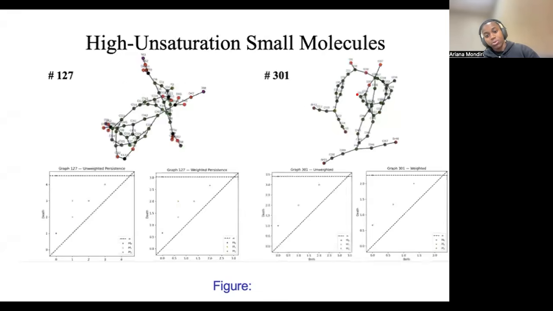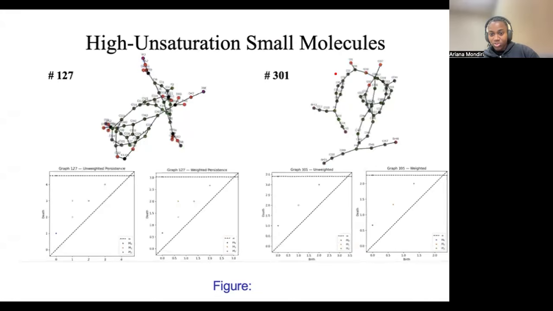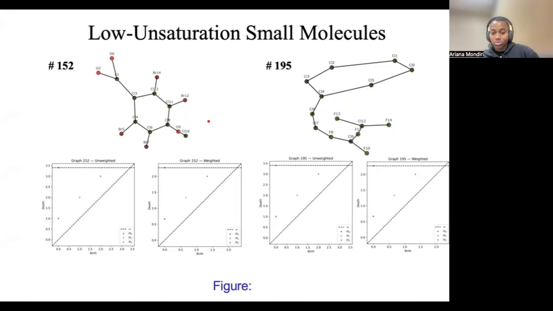And now looking at the molecule 301, we're going to compare it to the two molecules from the low unsaturation group. And here you can have mixed feelings because this one is from the high unsaturation group. When you look at it, there's some complexity that you can obviously see compared to these two simpler molecules.